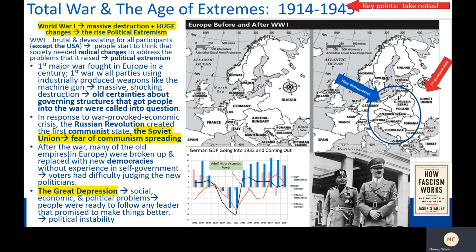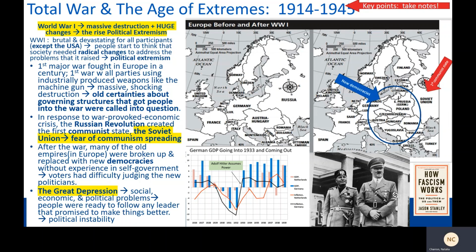Because of this devastation, and because of having been led into a war by politicians who promised that it was a good, right war, and then at the end nothing was gained, people started to think that society needed radical changes to address the problems raised by World War I. When people start looking for radical quick fixes to really big, complicated problems, you have the makings for the rise of political extremism.